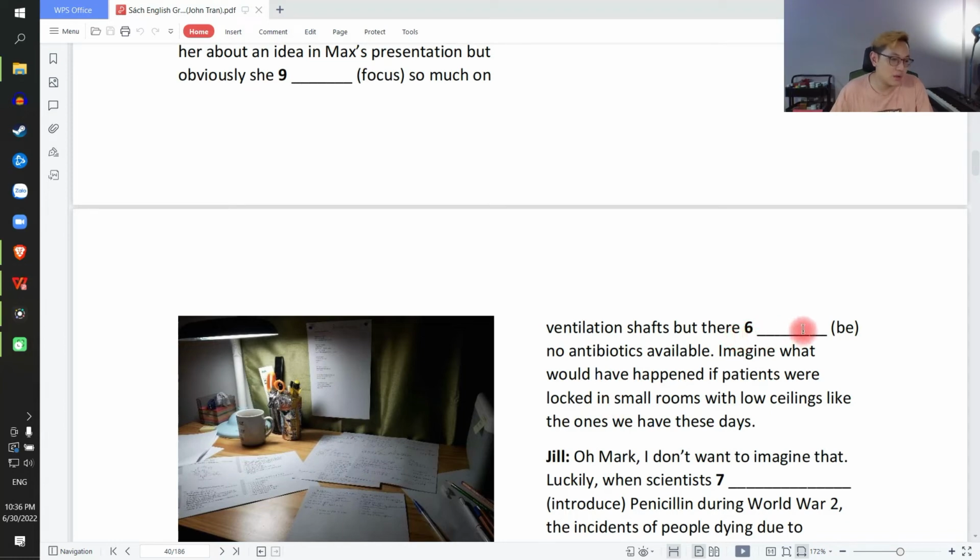But there were no antibiotics available. Imagine what would have happened if patients were locked in small rooms with low ceilings like the ones we have these days.